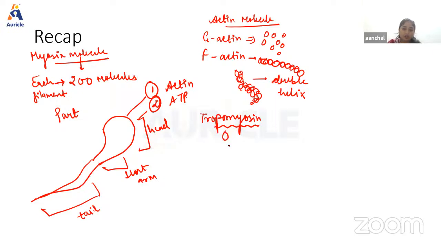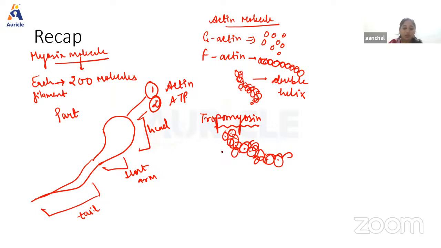If I draw one strand of the actin filament, this is the one strand and this is the second one. Okay, so the tropomyosin will be like this: 1, 2, 3, 4, 5, 6, 7, 8. Now what is the function? The function of the tropomyosin is to cover the site of binding. Okay, so tropomyosin is always present on the site at which the actin is going to bind with myosin.